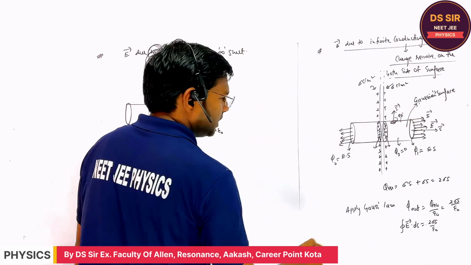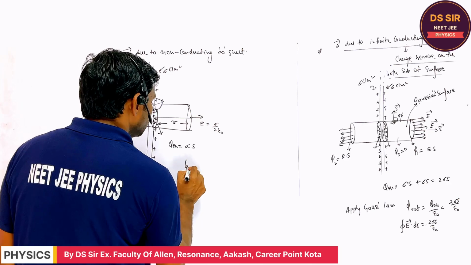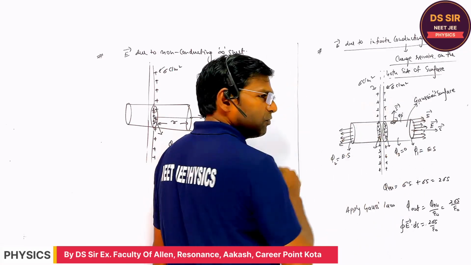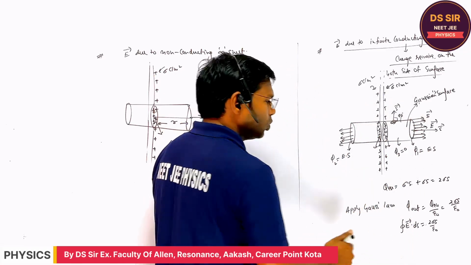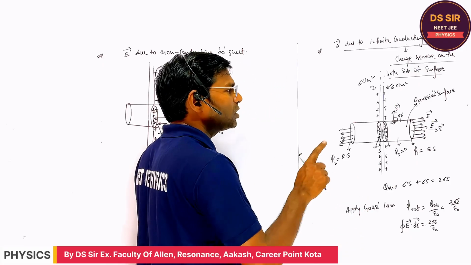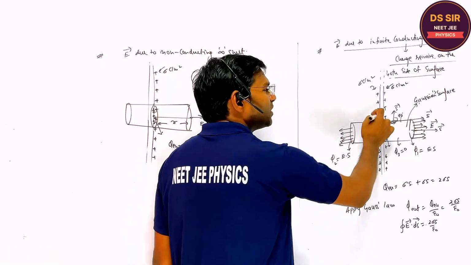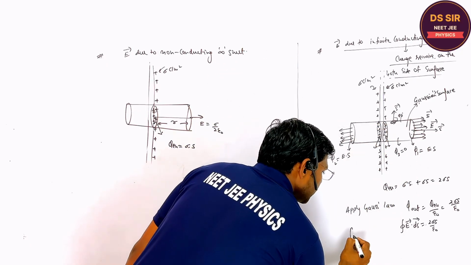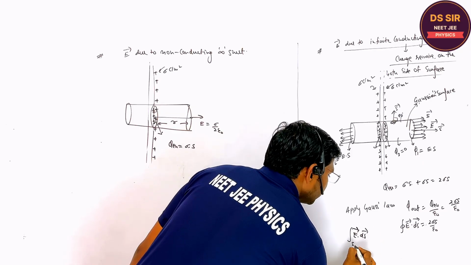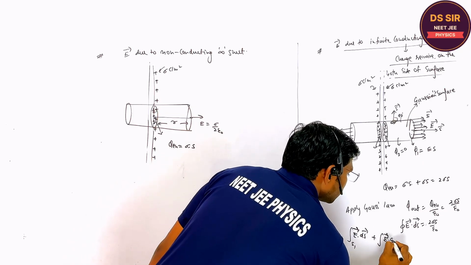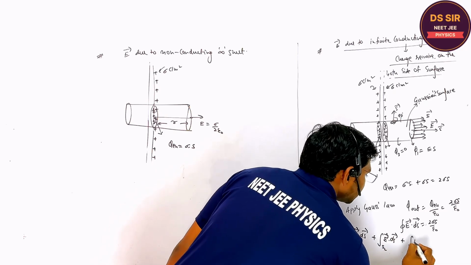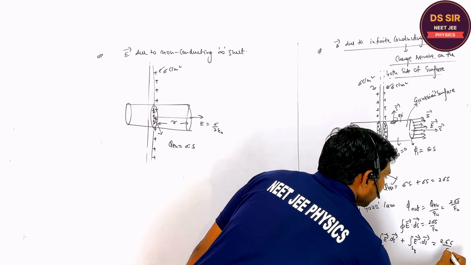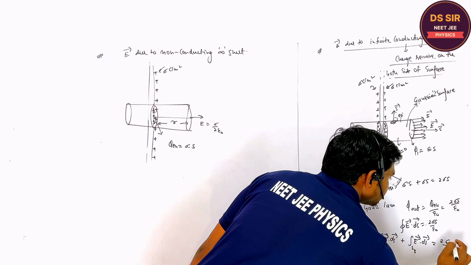This is the integration over the closed surface, which may be divided into 3 parts: for surface 1, surface 2 and surface 3. In some books it may be written as integral E dot ds for surface S1, plus E dot ds for surface 2, plus E dot ds for surface 3, equal to 2 sigma s upon epsilon naught. You understand or not? Right.